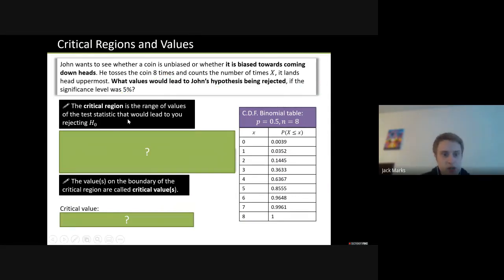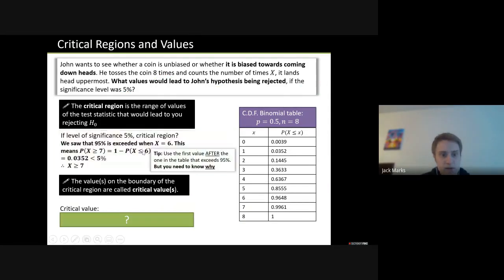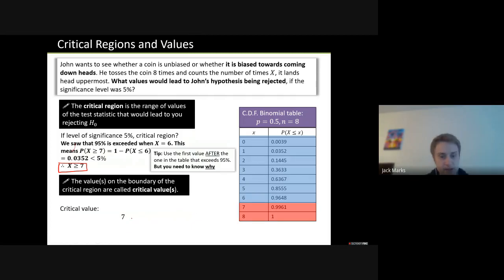So the critical region is the range of values that would lead to you rejecting it. In that case, it's 7 or more. 7 or more is the stuff that's in red. The value at the boundary is the critical value. So 7 is the first number, the critical value that would cause you to reject it.